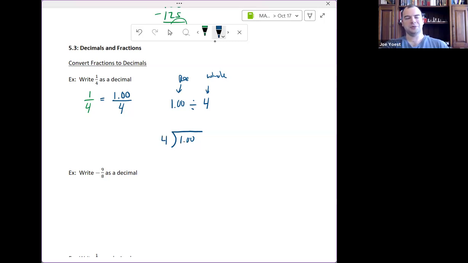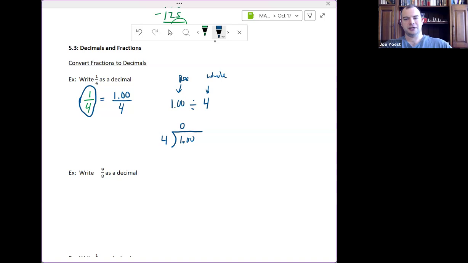Again, this might all seem pretty silly. You say, where are we going with this? Well, I think we'll see in a second. If I do 1 divided by 4, I don't have anything to work with. But if I do 1.00 divided by 4, then in my long division step I treat this like it was 100 divided by 4 and just keep track of my decimal point.